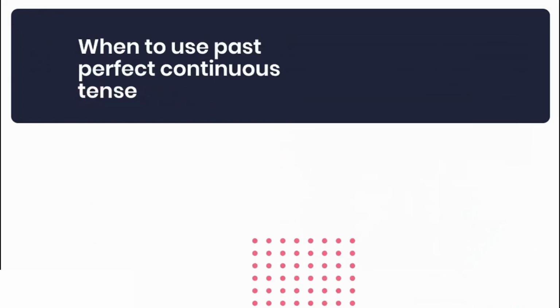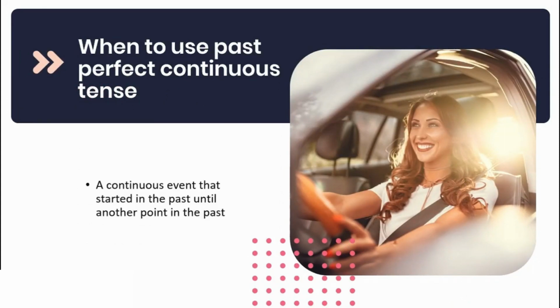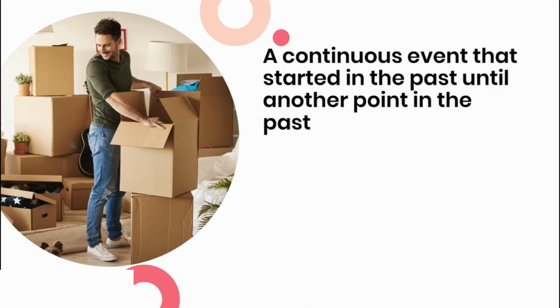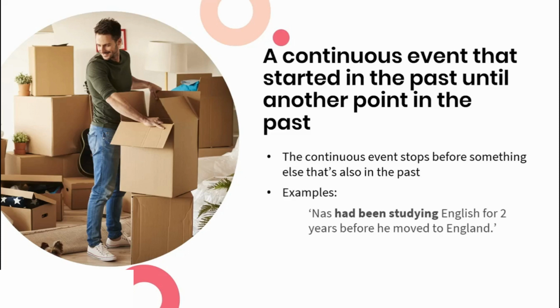You can use past perfect continuous tense to describe a continuous event that started in the past until another point in the past. In other words, the continuous event stops before something else that's also in the past. For example, Naz had been studying English for 2 years before he moved to England.